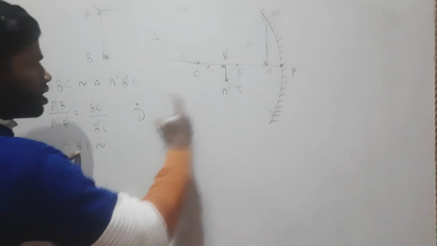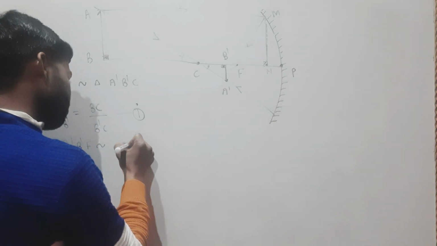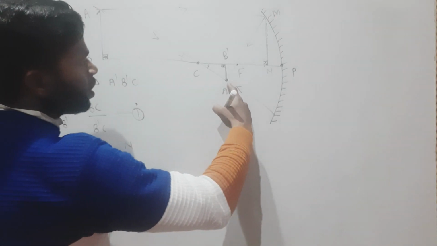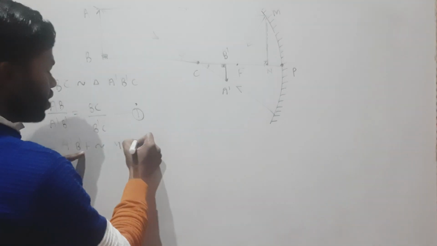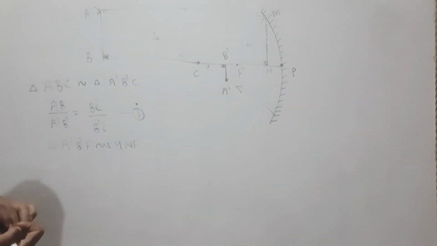So B dash here and N will correspond, and also A dash corresponds to M, and F is also F. Then you can write triangle A dash B dash F is similar to triangle M N F. So we can take the ratio of the sides.